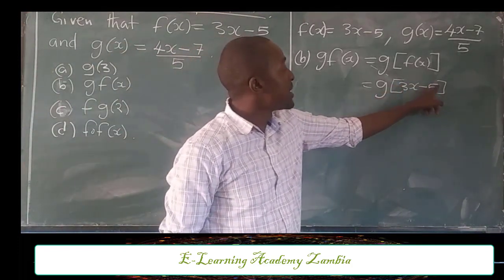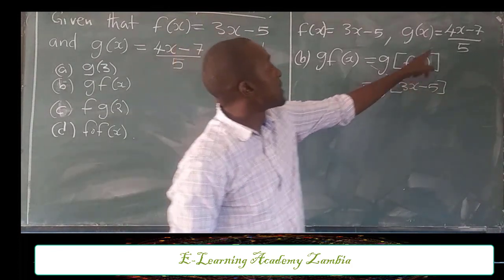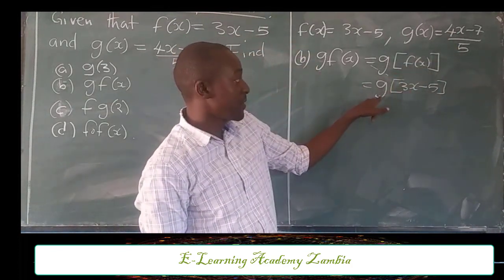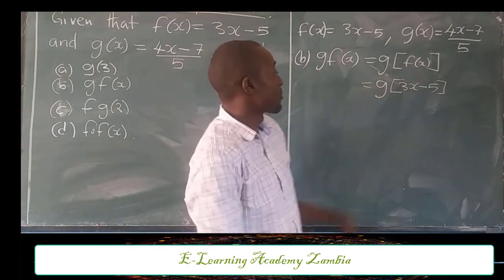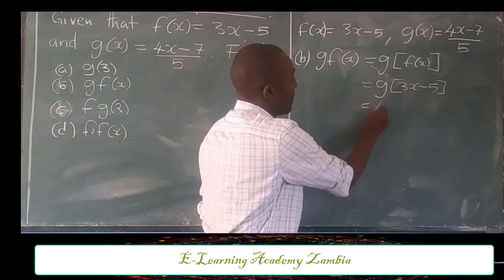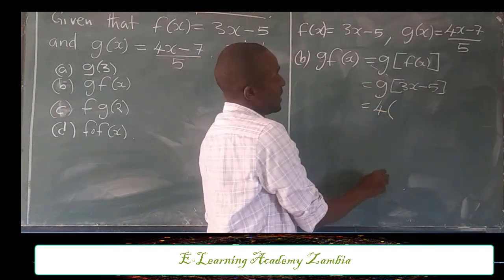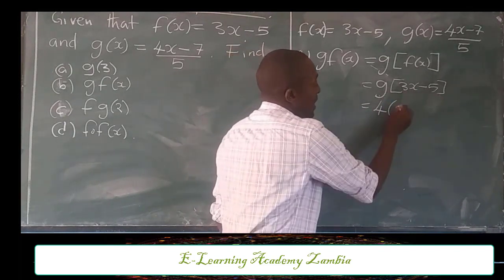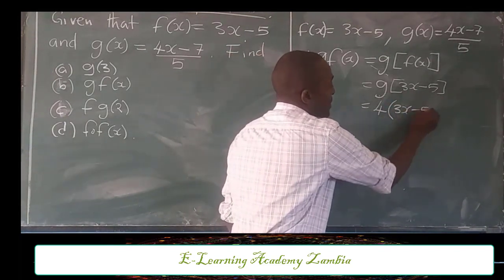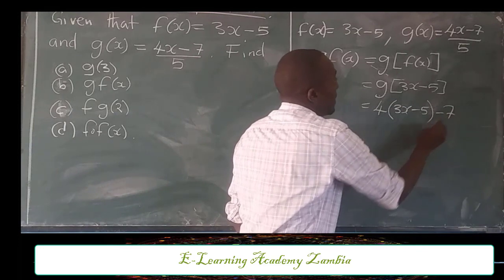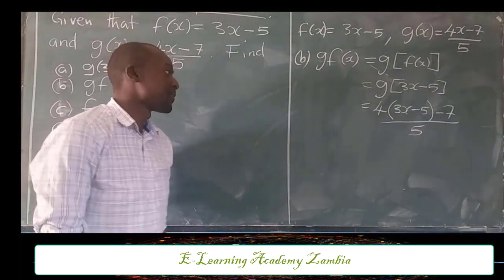So we are going to replace x in the function for g with this function. So we are going to have 4, and then you open brackets, and then you put in this function here, 3x minus 5, minus 7, over 5, like that.